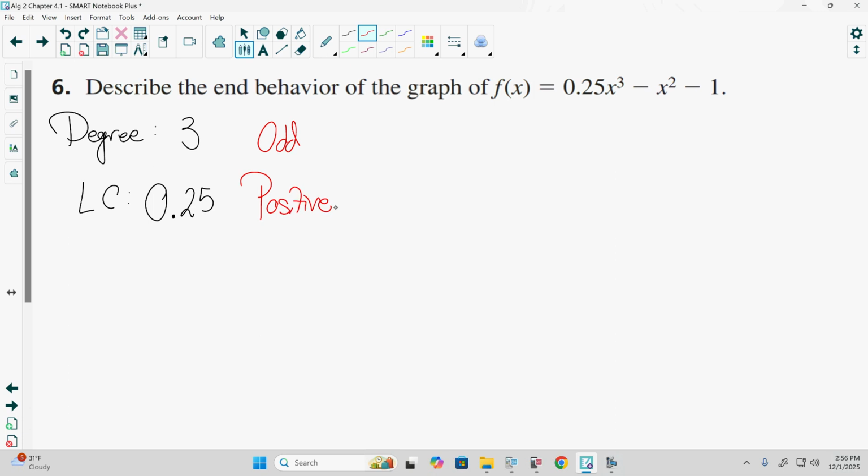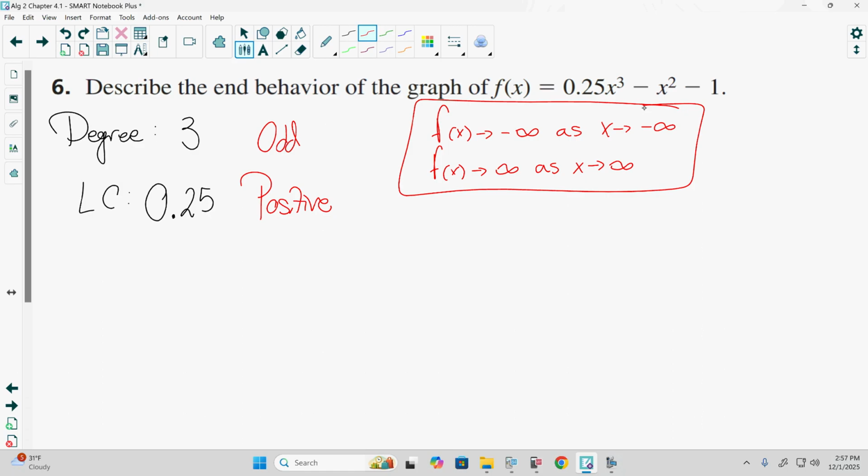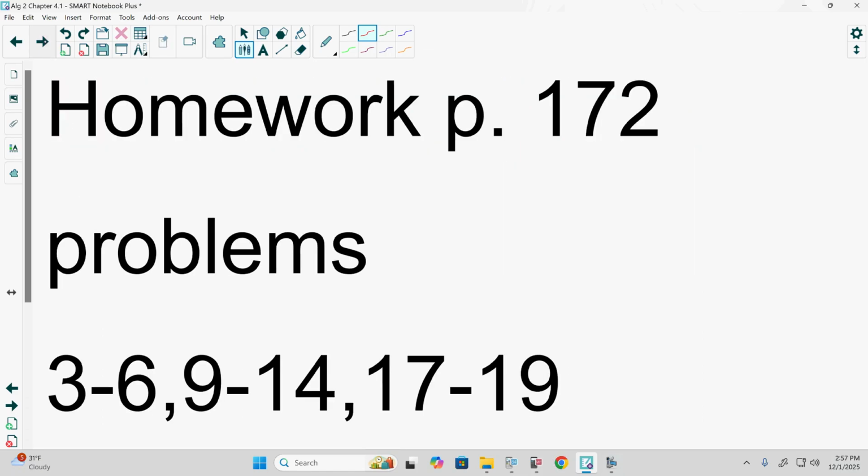So again, I'd flip back and see that positive and odd would tell me that f of x approaches negative infinity as x approaches negative infinity, and f of x approaches positive infinity as x approaches positive infinity. Questions on this here? That's it.